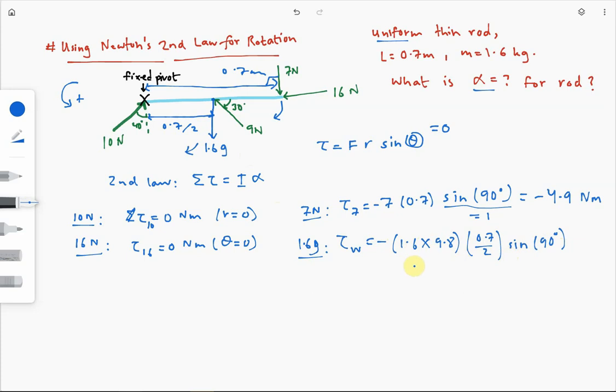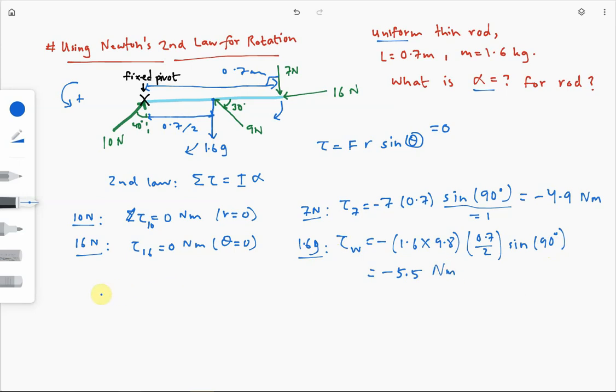Alright, this comes out to be negative 5.5 Newton meters.